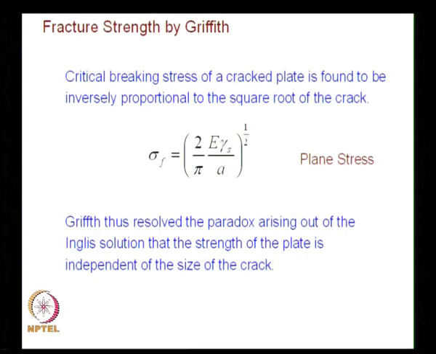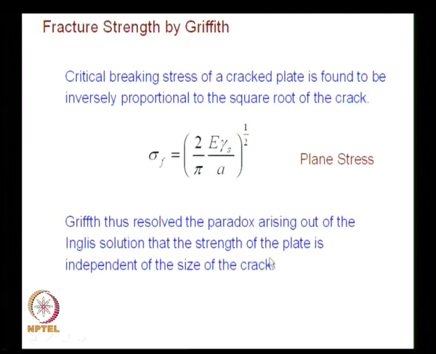The English solution was useful, but utility of that solution is questioned because people are unable to explain how actual structures remain solid with cracks. So, that paradox was resolved by Griffith.